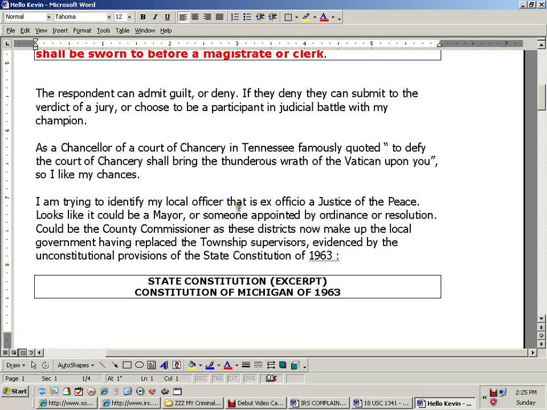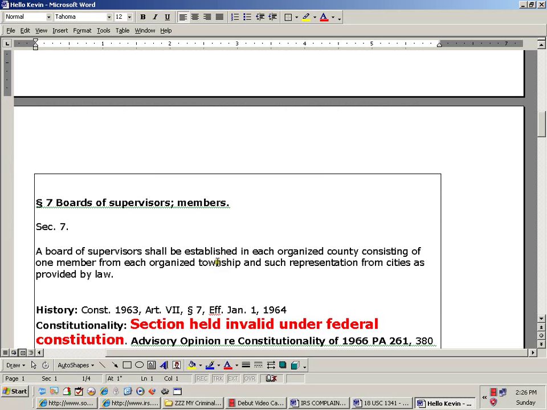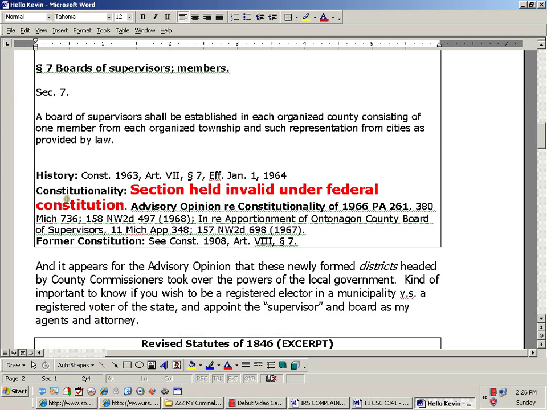I'm trying to identify my local officer that is ex officio a justice of the peace. Looks like it could be a mayor or someone appointed by ordinance or resolution. Could be the county commissioner, the guy that's over these districts, as these districts now make up the local government, having replaced the township supervisors, evidenced by the unconstitutional provisions of the state constitution of 1963, which says, Section 7, section held invalid under federal constitution.